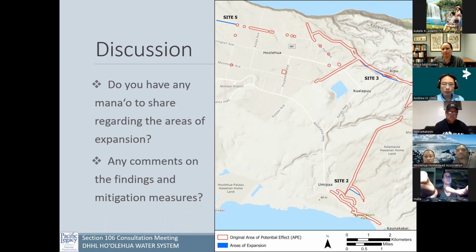Okay, we will definitely look into that. I will contact the Molokai District Office as well as the contractor and our CM to find out what the situation is there and how it can be improved.